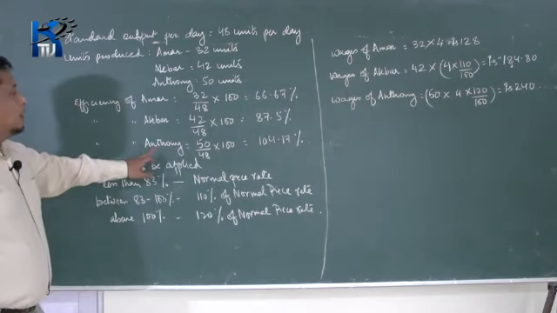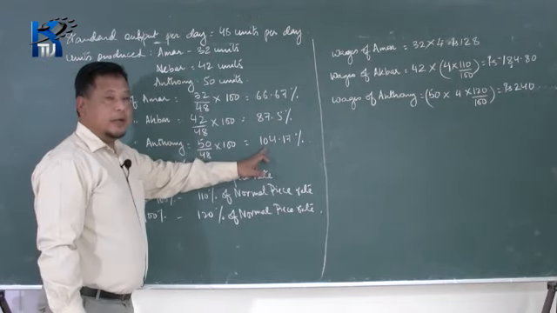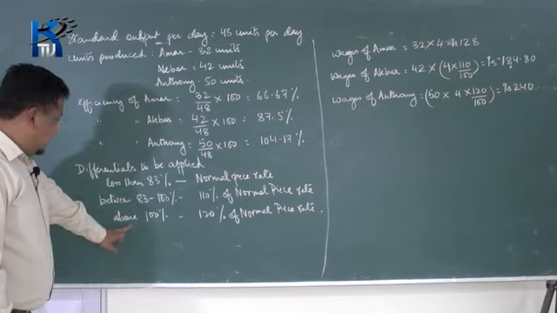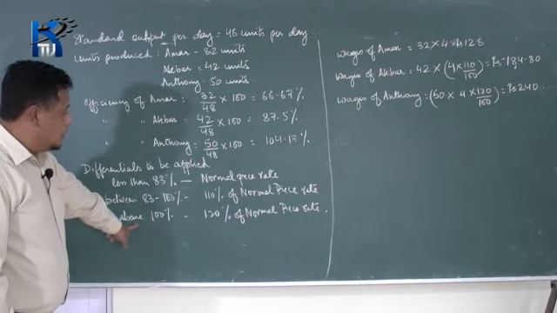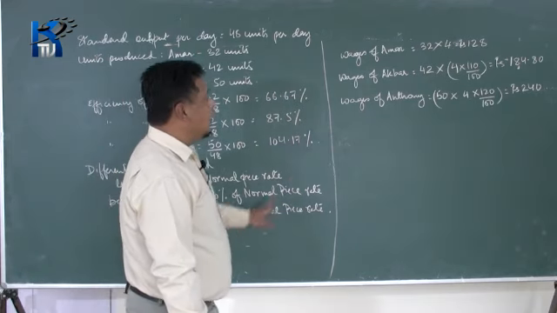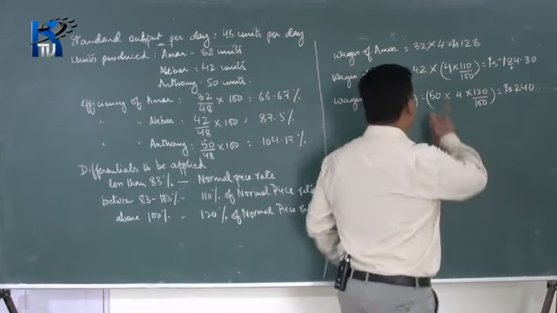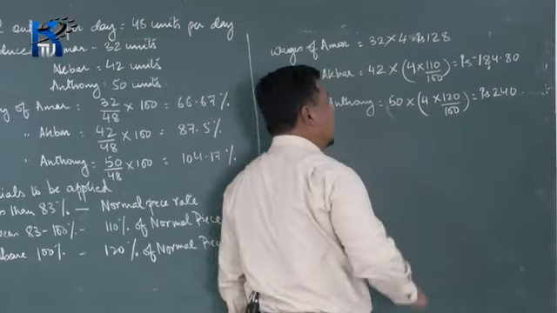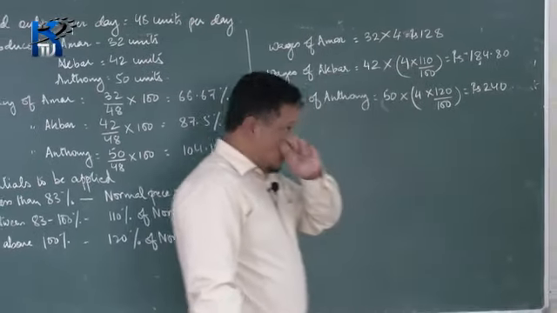Lastly, Anthony produced at an efficiency rate of 104.17%, above 100%, so he will be paid at 120% of the normal piece rate. 120% of rupees 4 amounts to rupees 240.